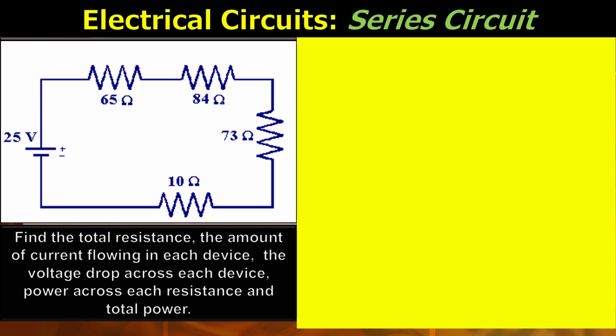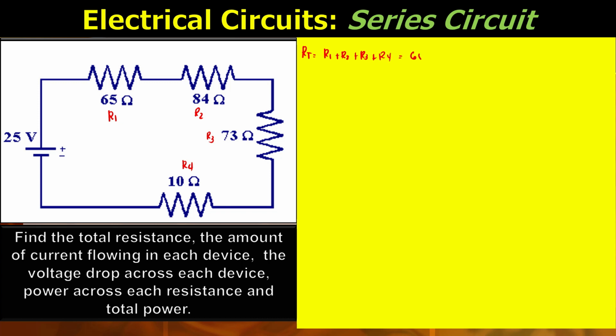So first, let's have the RT. We have here R1, R2, R3, and R4. Based on our formula for total resistance, R total is equal to the summation of all the resistors in a given circuit. So R1 plus R2 plus R3 plus R4.